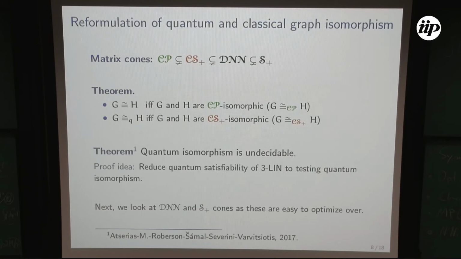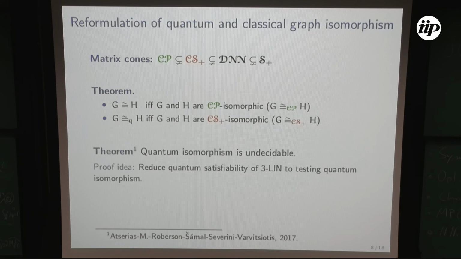Okay, and so we know that quantum isomorphism is actually a very hard problem. It is undecidable. It's the hardest type of problem we could think of.